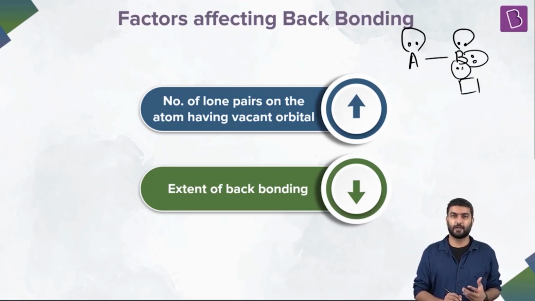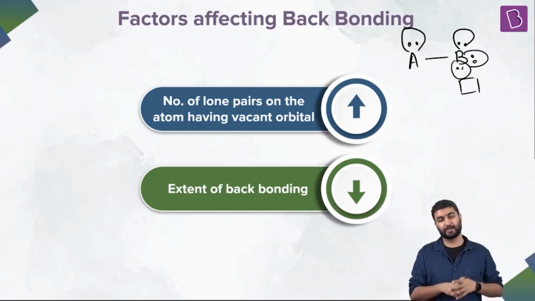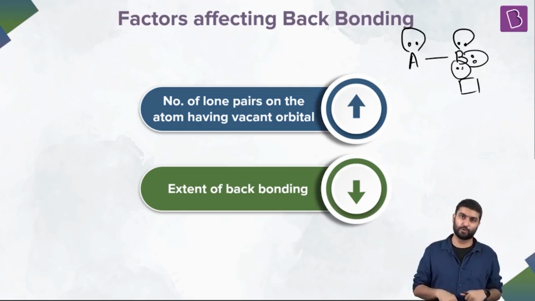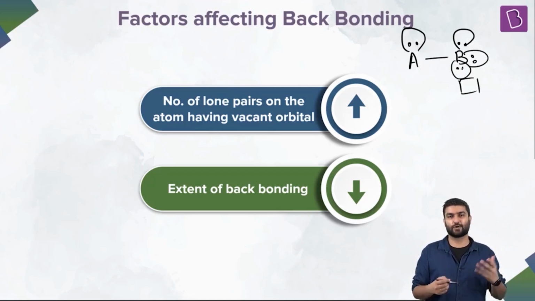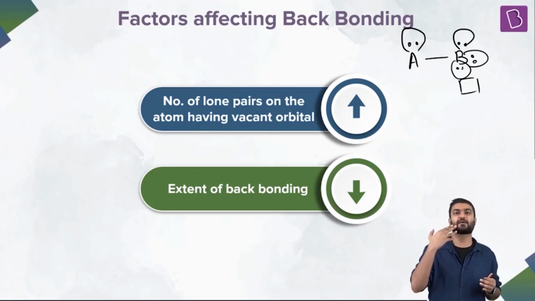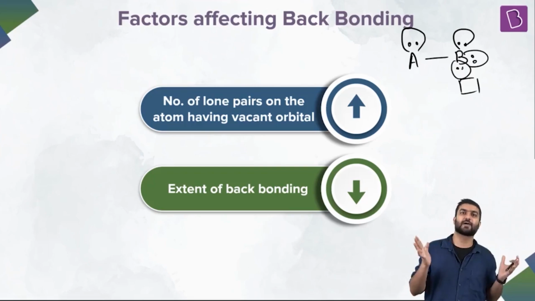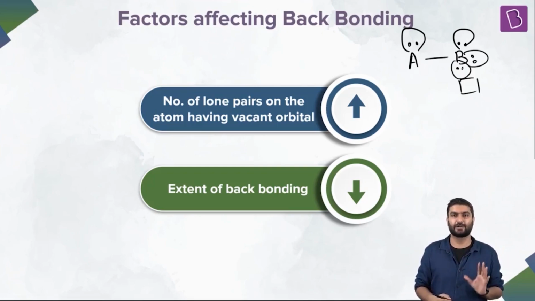If I have an empty d orbital, but I also have lone pairs of my own, and you are telling me, dude, help me out, accept my lone pairs as a coordinate bond. It's going to be difficult. There's going to be repulsion, right? That's what I'm trying to say. It's not going to be spreading of the electron density because of my lone pair repulsion.